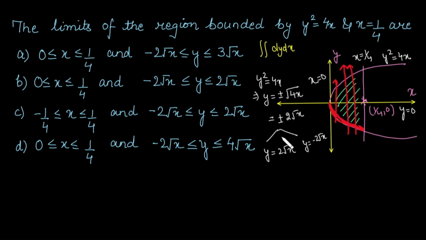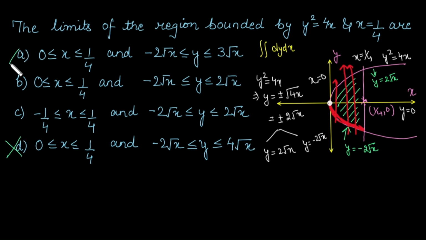Which one is the positive curve? Where does positive y start? From the origin towards the upside. This means this curve is y is equal to 2 root x and this curve is y is equal to minus 2 root x. So the entering curve is negative, the exit curve is positive. The entering curve is negative in each case, and the exit curve is positive.